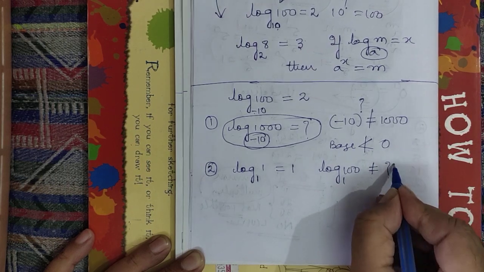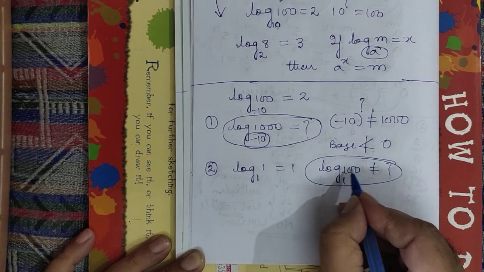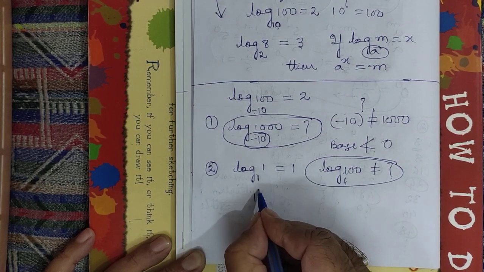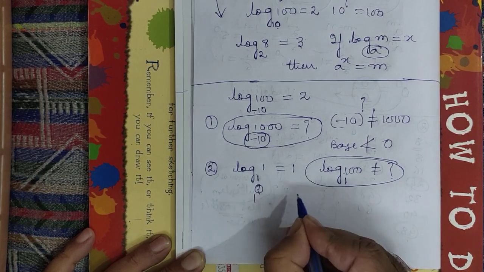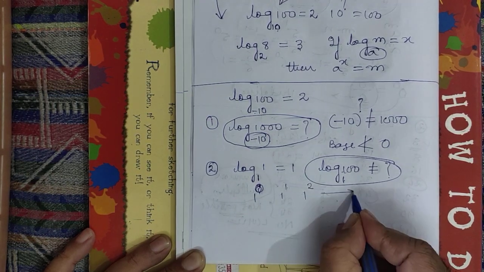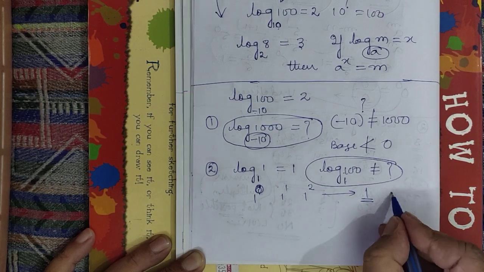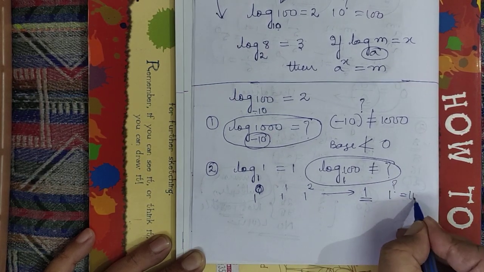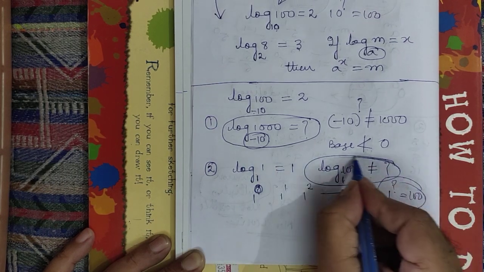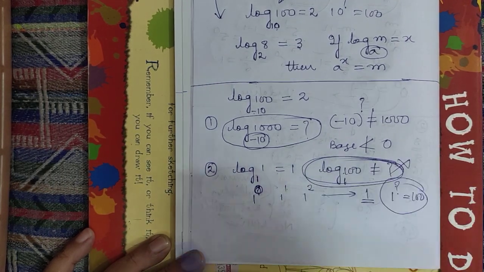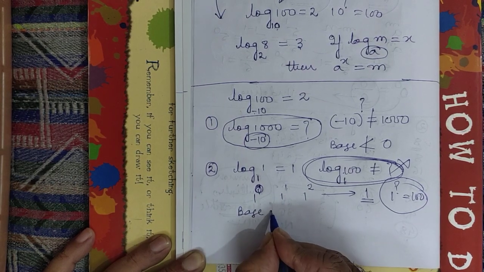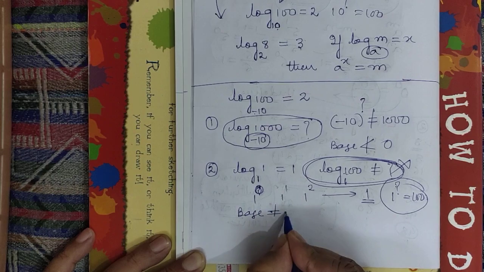This is not possible, because 1 to the power anything you put here, let it be 0, let it be 1, let it be 2, ultimately you will be getting the value 1 only. So 1 to the power what is 100, if I ask you? There is no such value. So again, getting the value of log 100 base 1 is not possible. So the second point I am getting: the base under which you are taking the log can never be 1.